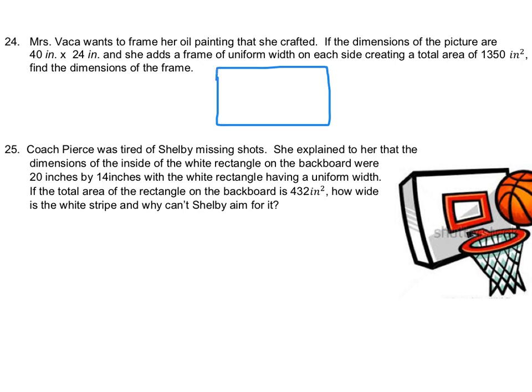The dimensions of the picture are 40 by 24. So I'm going to put the picture in here, and it's 40 by 24. So that's the size of the picture. We know that the frame is uniform width.